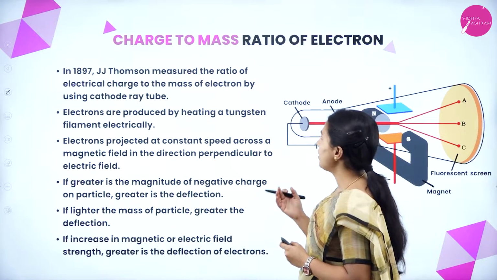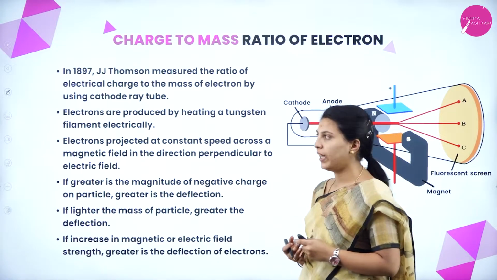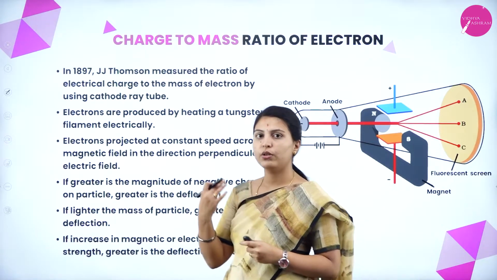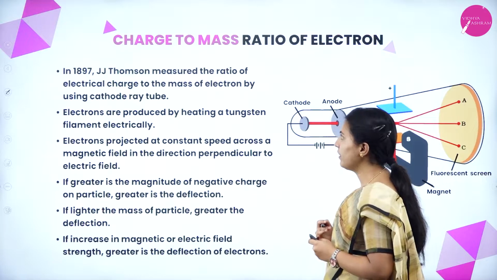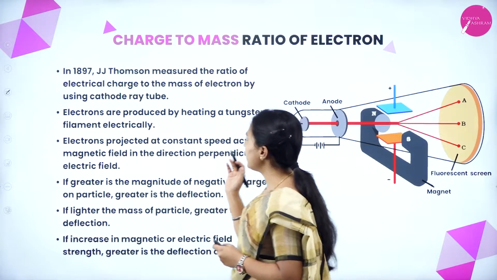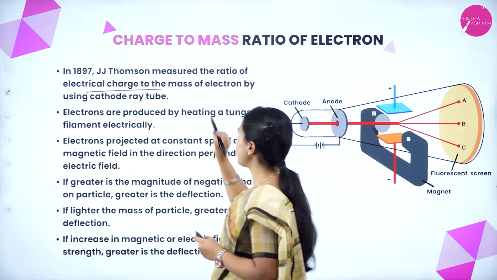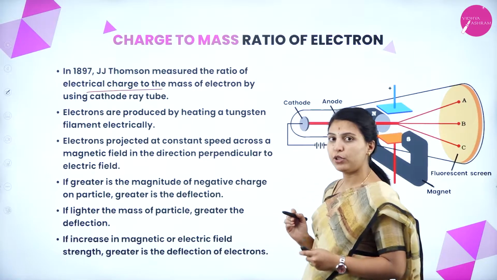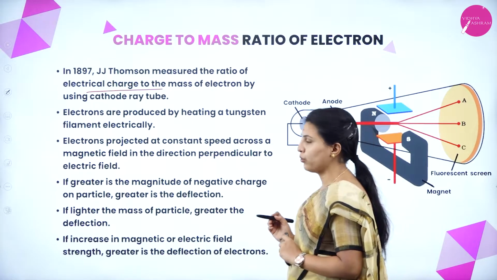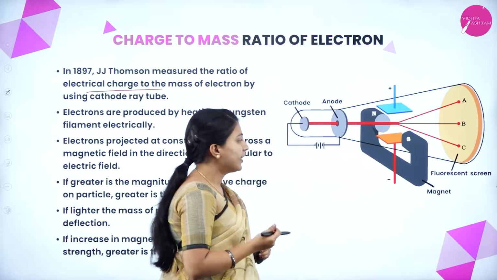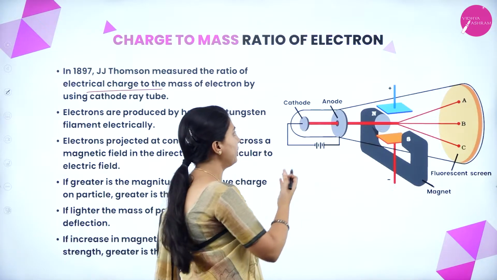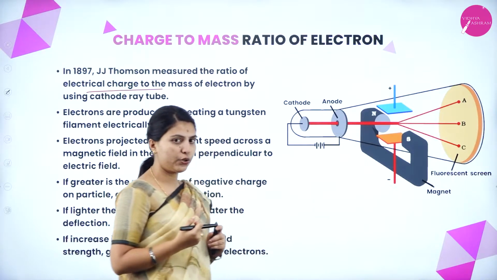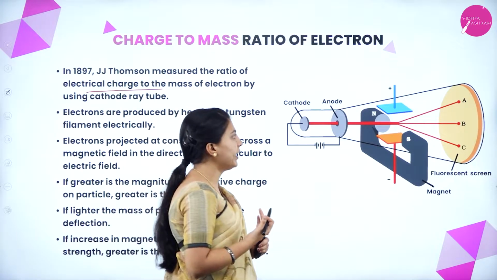Next is the charge to mass ratio of the electron. This was also proposed by J.J. Thomson in 1897. He measured the ratio of electrical charge to the mass of an electron by using a cathode ray tube. The discharge tube was completely evacuated.